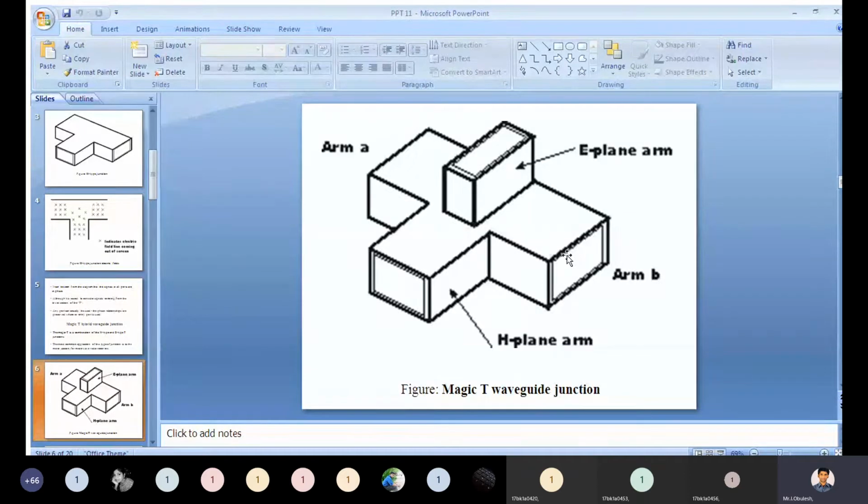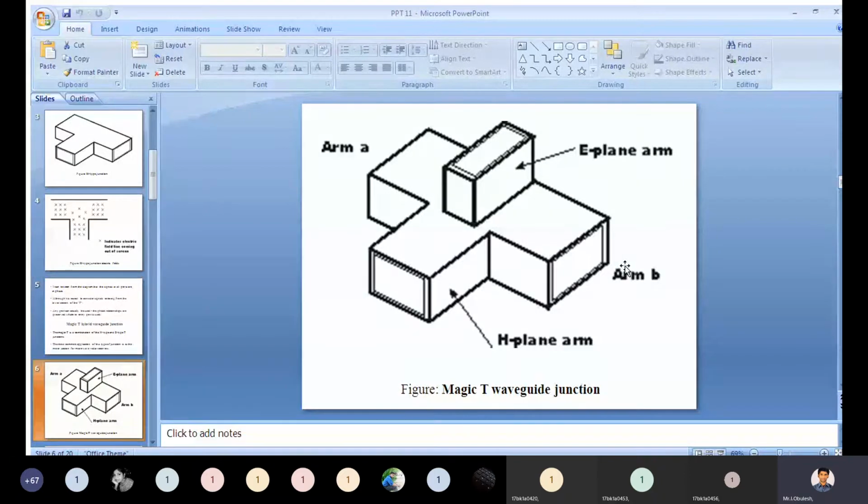You need to remember, no signal will enter this arm as a result of the fact that a zero potential exists there.